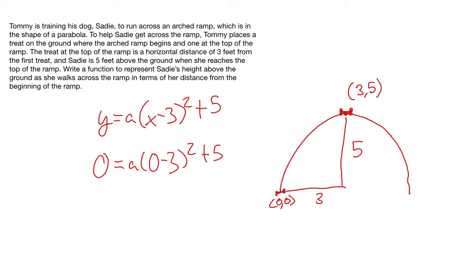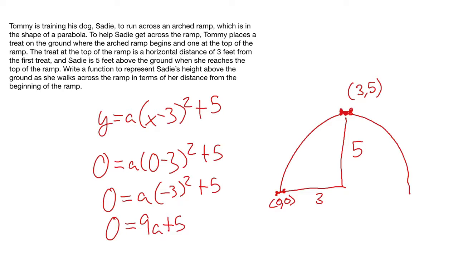At which point 0 equals a times negative 3 squared plus 5. 0 equals 9a plus 5. 5 equals 9a. A equals 5/9, meaning our final version should be y equals 5/9 times (x minus 3) squared plus 5.